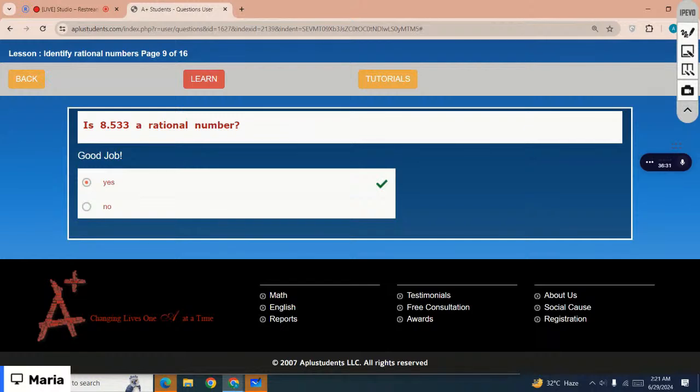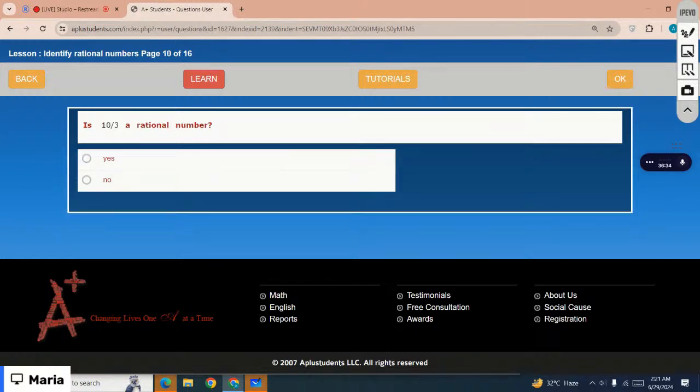Got it. Is 10 by 3 a rational number? Yes, it is a rational number, right? Okay, you can complete the lesson by yourself later today. Let me just move on to the next lesson.